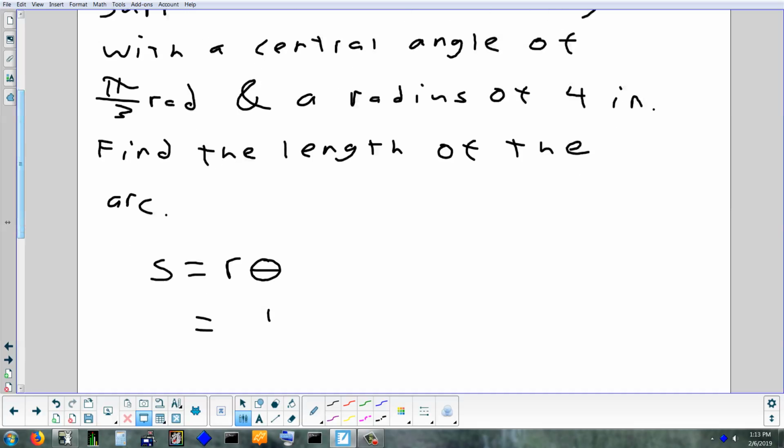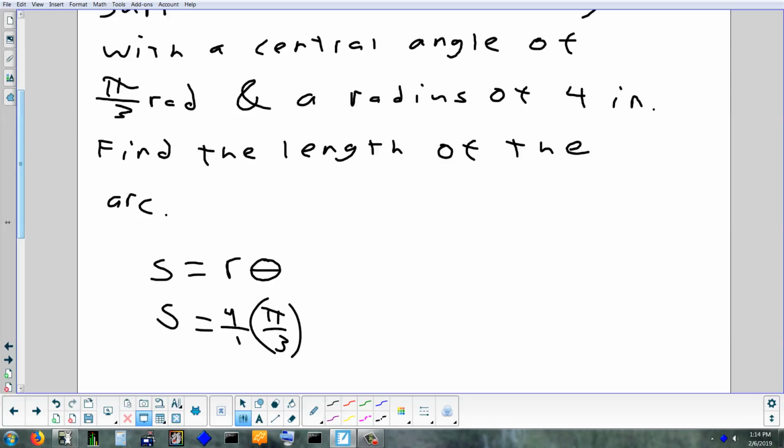So we'll fill in pi over 3. And then we have a radius of 4 inches. Shadowlease, radius of 4 inches. Is that the S or the R? The R? Yeah, radius, that's the R. So we'll plug in 4. If you want to make it a fraction, you can. It's 4 over 1.